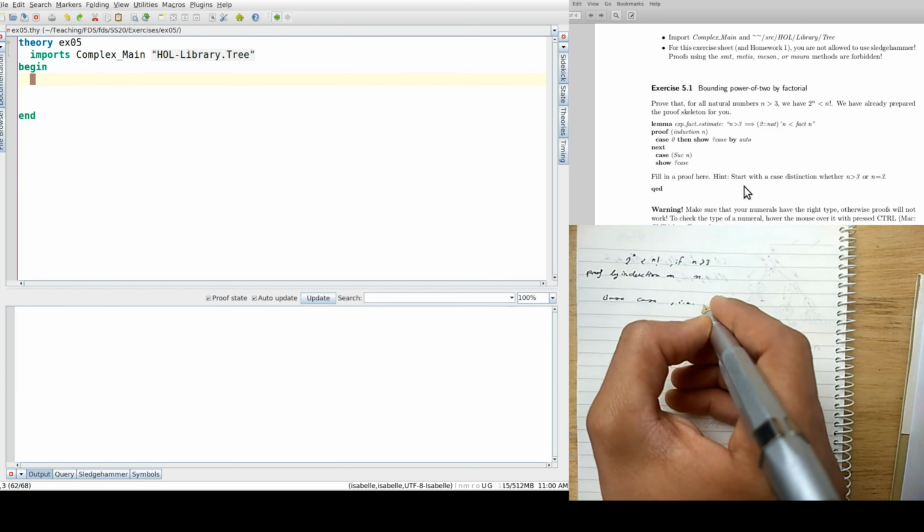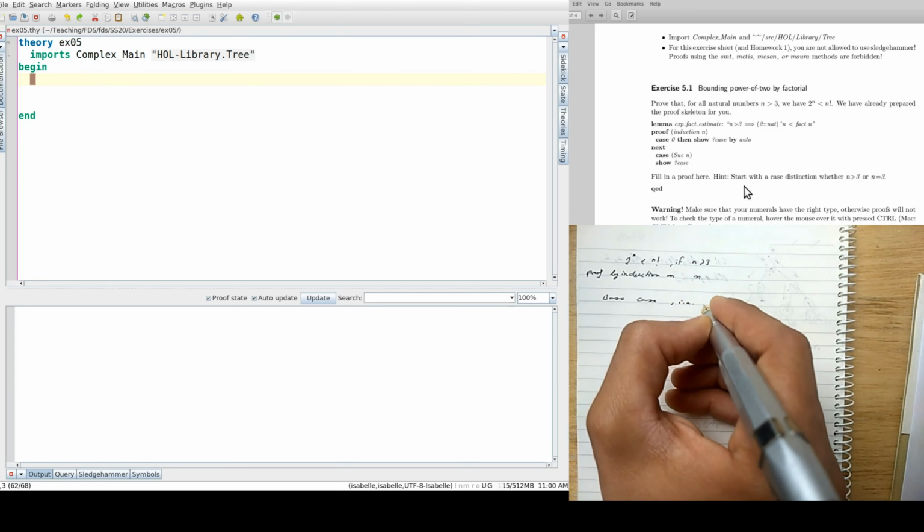Let me explain that in more detail so that you understand. This is equal to n plus 1 times n factorial, which is equal to n plus 1 factorial. Thus we have 2 to the n plus 1 strictly smaller than n plus 1 factorial.